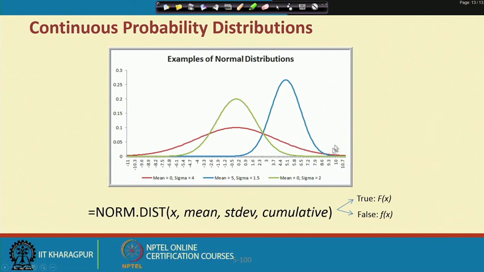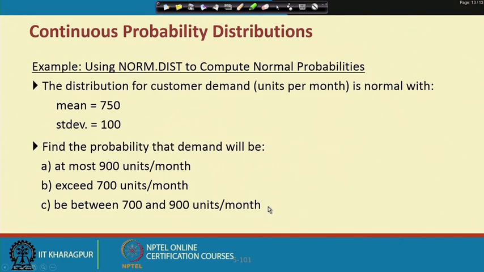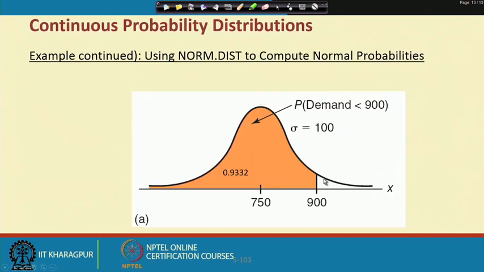This is the typical structure of the normal distribution. Like in an Excel spreadsheet, you can just put the normal distribution and give the random variable indications and the parameter values, mean and standard deviation. These two are the major indicators of the normal distribution. Then ultimately you get to know the probability value. Whether it is a binomial, Poisson, or normal distribution, the range of the probability will be 0 to 1, and the total probability will be 1, depending upon the sample space and the event specifications.